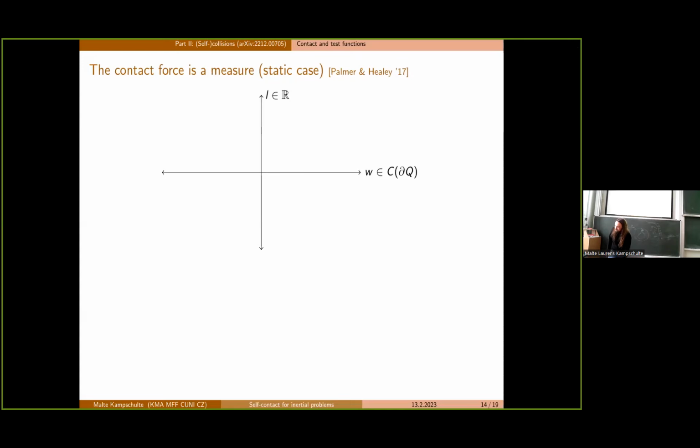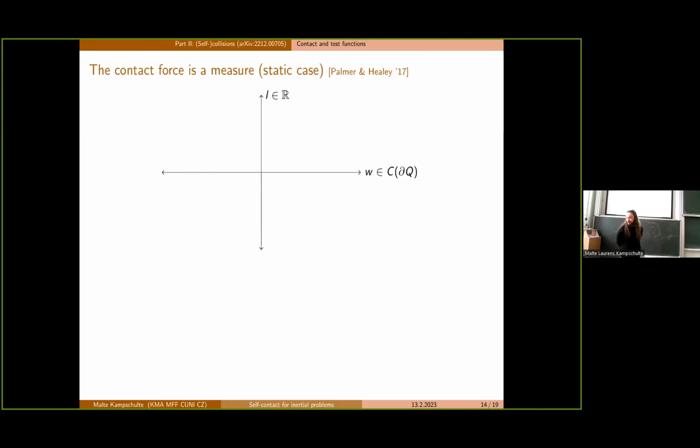Okay. So I mentioned going from the static case to the dynamic case. Let's start with the static case. This was shown by Palmer and Healy, I believe, that in the static case, your contact force is actually a measure. I really like this proof because it feels like some argument I may have seen in some optimization class way back as a student, but linear optimization.